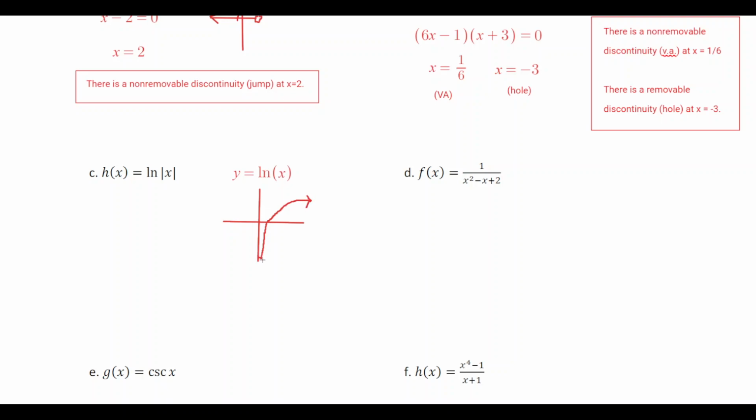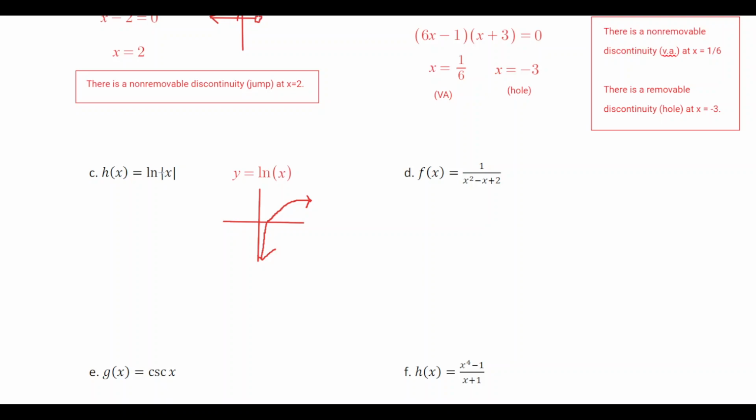So it's usually going to look something like this. Now, if it's the natural log of the absolute value of x, that means that for every input that I plug into x, even if it's negative, like the natural log of 2 will equal the natural log of -2, because this function is going to take the absolute value of whatever the input is.